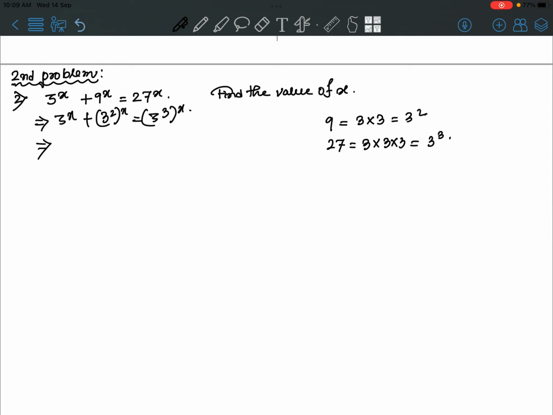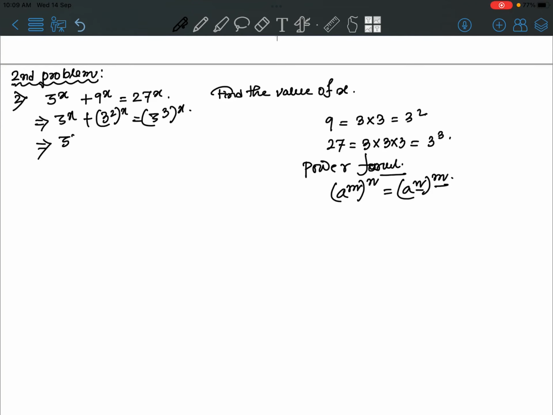Now we are going to use the same formula, the power formula, that we used in solving the first equation. Which was the power formula? The power formula was (a to the power m) whole to the power n equals (a to the power n) whole to the power m, after swapping the powers.